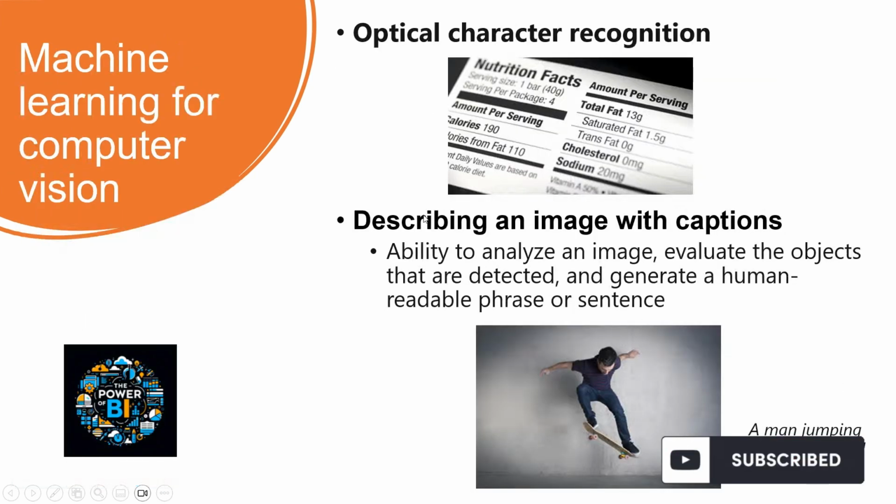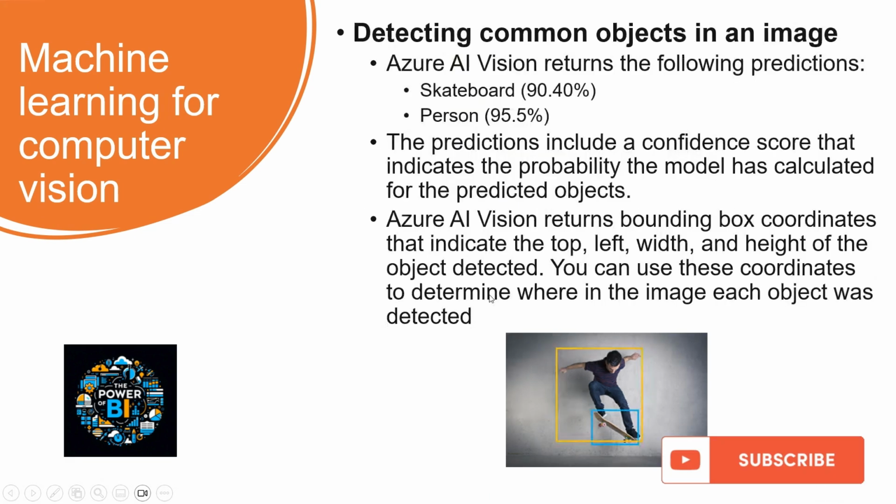So this provides multiple things like optical character recognition, describing an image with a caption, and analyzing the image to evaluate and detect objects, and also common objects in an image, like a skateboard or a person. This prediction also includes a confidence score, as well as coordinates to show where in the image the object has been detected.